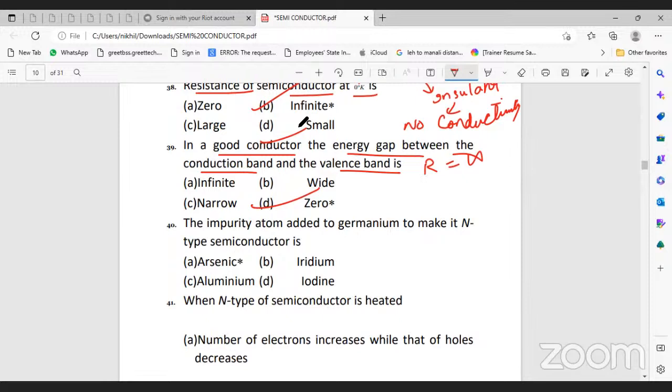If the energy gap is zero, there will easily be a recombination of holes and free electrons. If there is a recombination of holes and free electrons, the conductivity will increase. If the conductivity is there, there will be no opposition. Therefore, the resistance must be equal to zero.